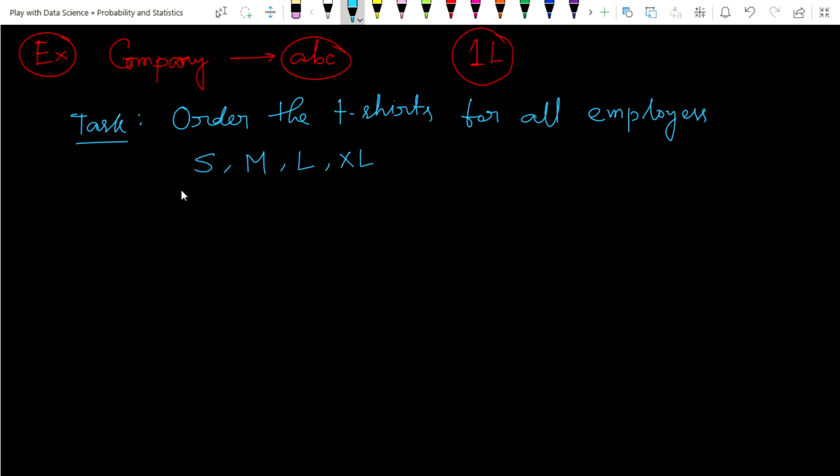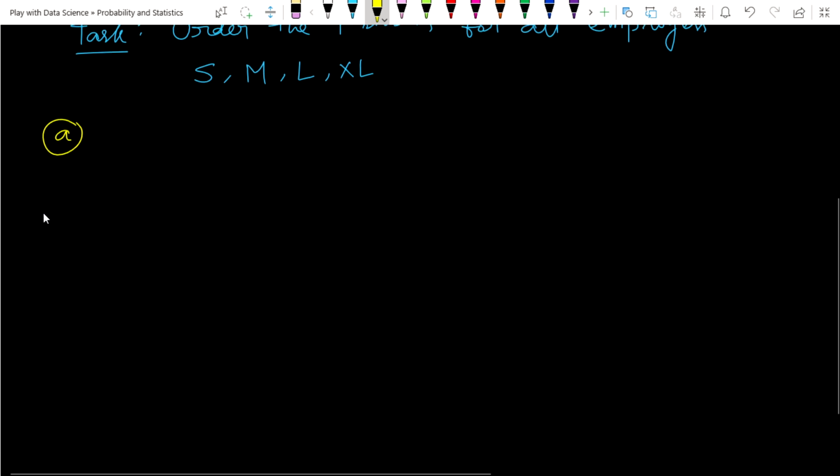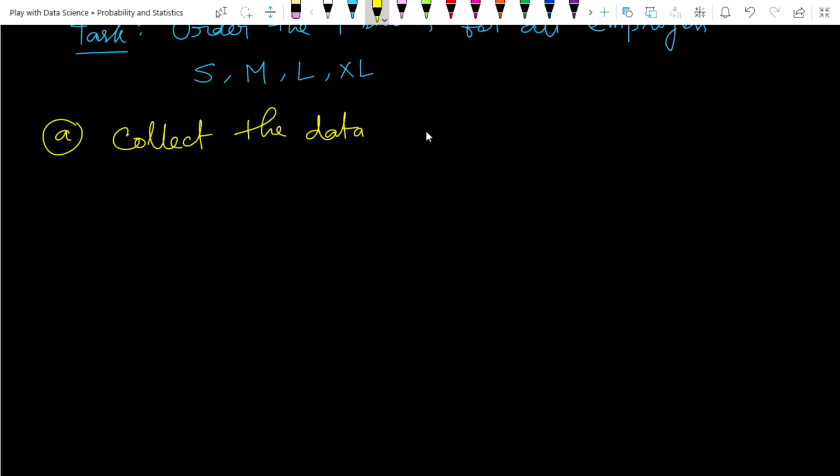To do this job, the first task I have to do is collect the data for all employees, that is, collect the domain knowledge of all our employees.